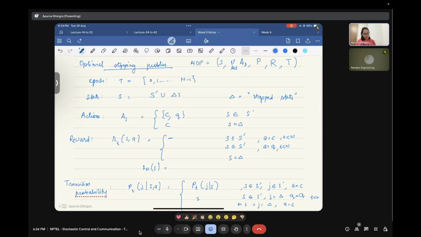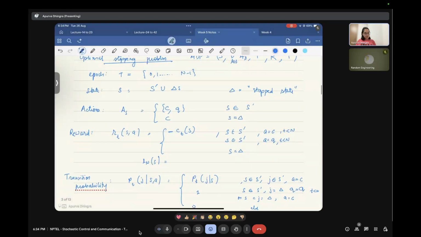So that we are writing as minus of ct of s. You've already taken into account which action was taken, so that is already taken care of. Another option is when the state is again in S dash, but the chosen action was Q, meaning you have decided to exit from the MDP.